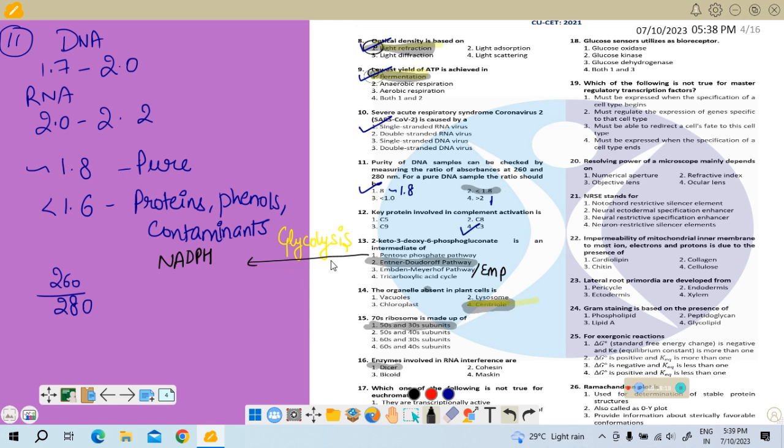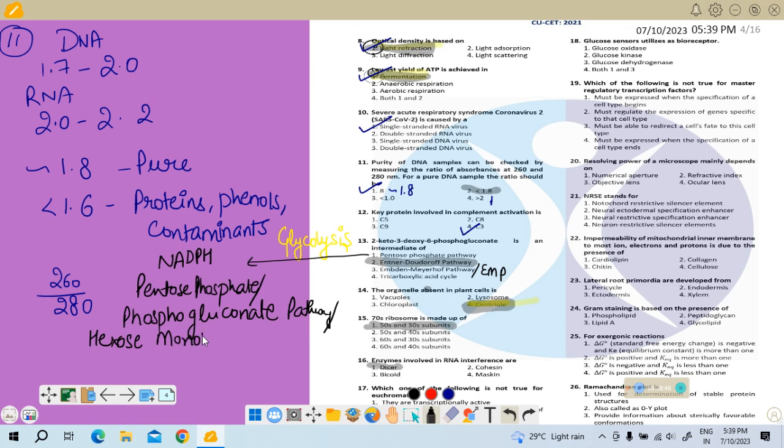So pentose phosphate is also called the phosphogluconate pathway, or another name is hexose monophosphate shunt, that is HMP.